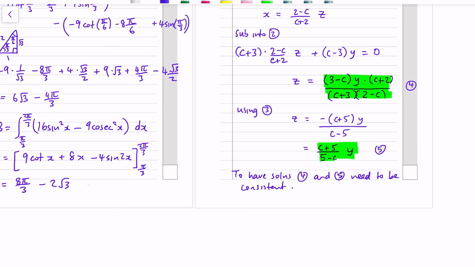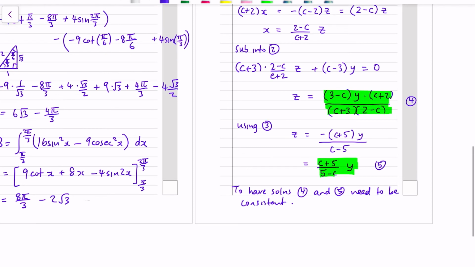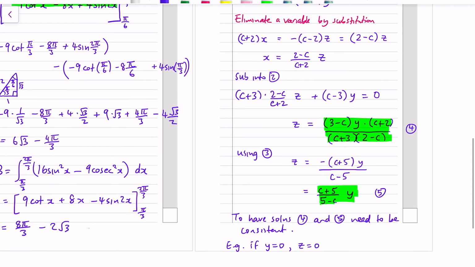Now, it hopefully is clear there that if y is equal to 0, then z would be equal to 0 in both situations. So if y is equal to 0, that would give z equals 0 in both equation 4 and 5. And that would also give x equals 0 if we go back to an earlier equation we had.